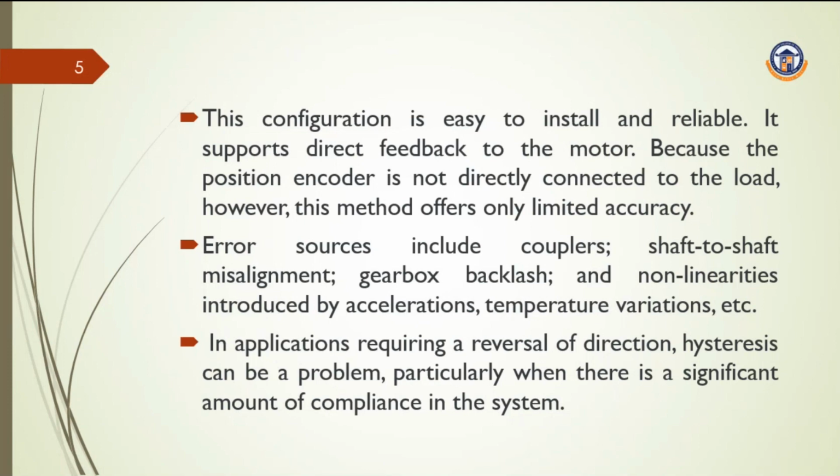Non-linearity is introduced during acceleration, and environmental conditions like temperature variations also matter. These are some of the sources of error which reduce the accuracy of measurement, so we say it offers limited accuracy only. In applications requiring reversal of directions, hysteresis can be a problem, particularly when there is a significant amount of compliance in the system.